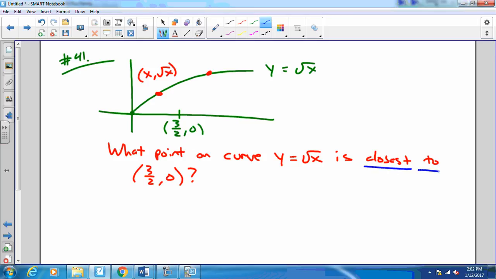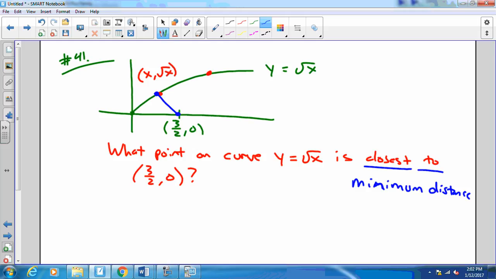Much like we did for our inscribed triangle here. But now what we need is a function, and the function that we are trying to minimize: closest to means minimum distance. Exactly, this distance right here.